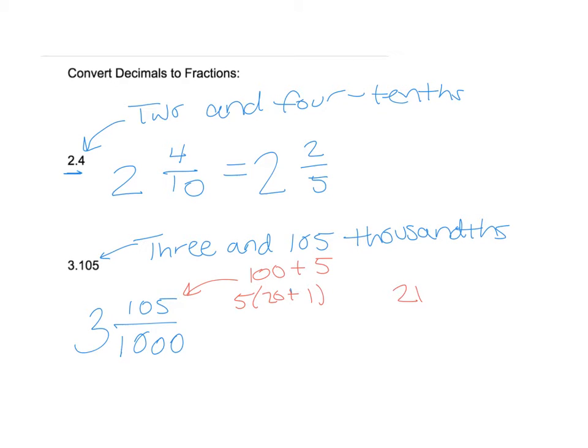And the same thing down here, 1,000 divided by 5 is just going to give us 200. So we've got 21 over 200 with our whole number 3 out front. And I know that 21 is divisible by only 3 and 7, and 1 and itself. And I know that 200 is not divisible by 3 or 7, so that's as simplified as that number is going to get.